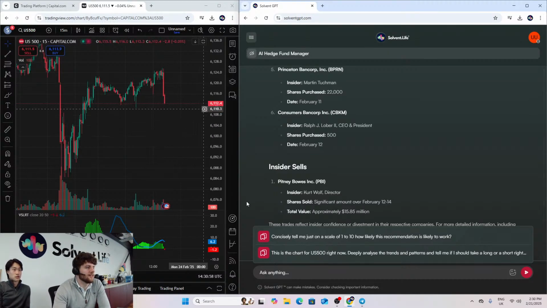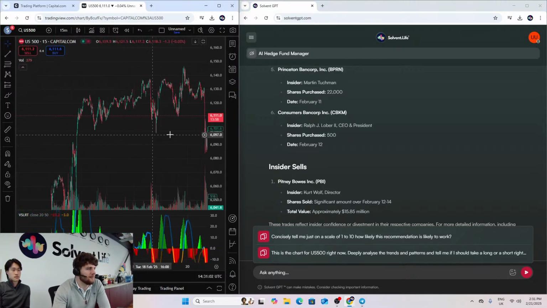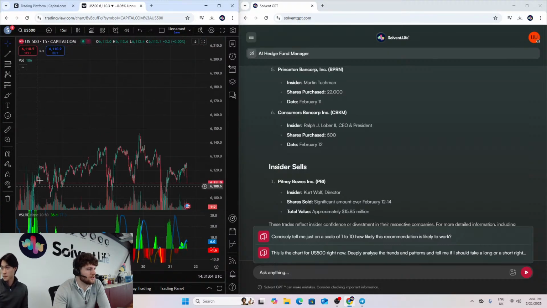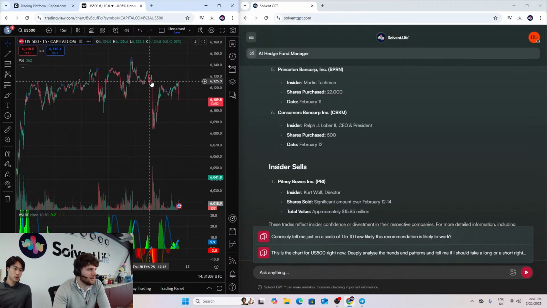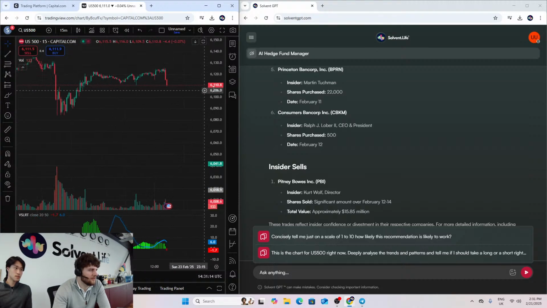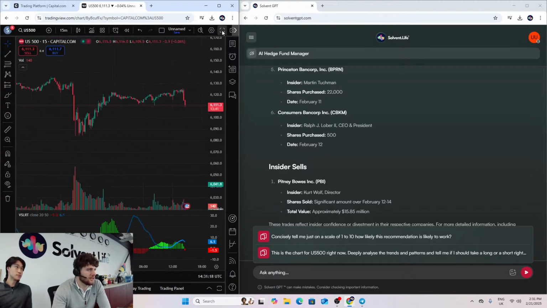So yeah, market is open, looking like a bearish trend. Let's see what we can do with this. Economic news, quite uncertain. Let's see if we should take a short.